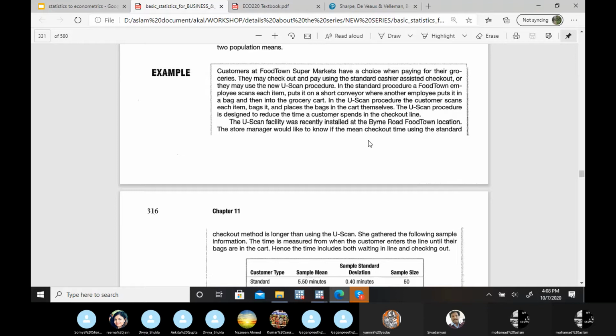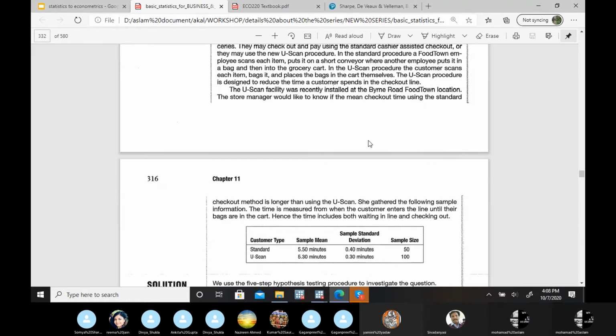The U-scan facility was recently installed at the Vine Road Foodtown location. The store manager would like to know if the mean checkout time using the standard checkout method is longer than using the U-scan. She gathered the following sample information. The time is measured from when the customer enters the line until their bags are in the cart. Hence, the time includes both waiting in line and checking out.